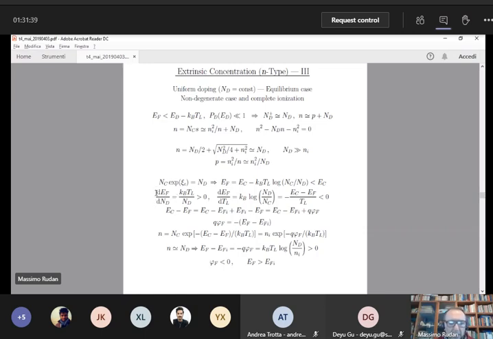So EF increases when ND increases. And if you instead calculate the derivative of EF with respect to temperature, you find that it is negative, okay? So EF goes down when you increase temperature, okay?